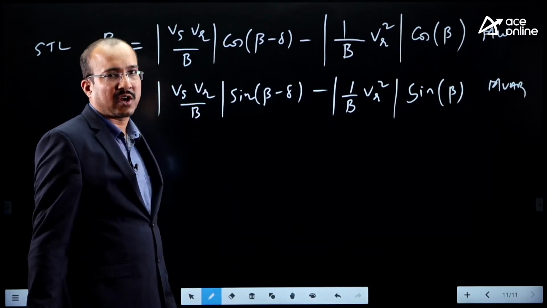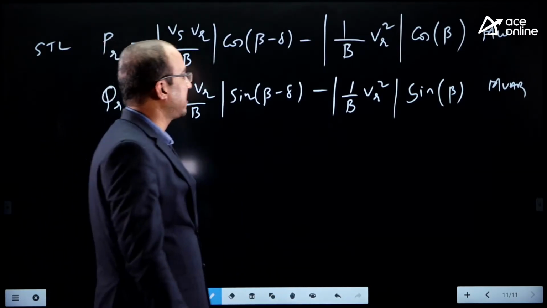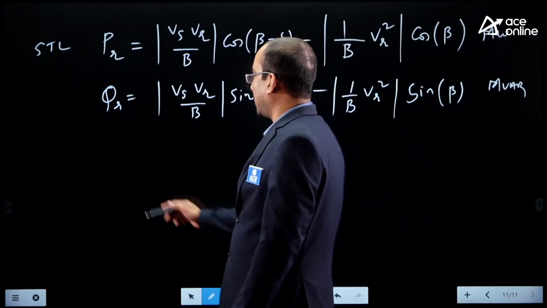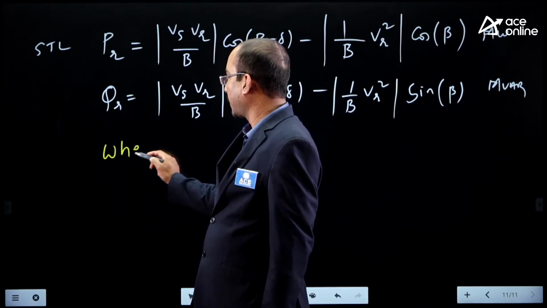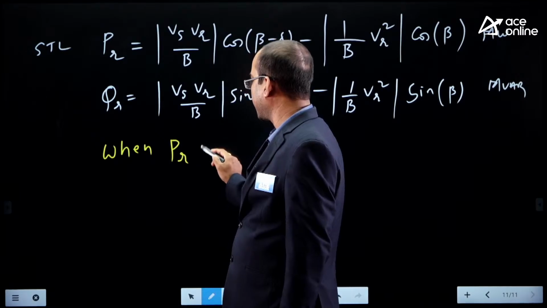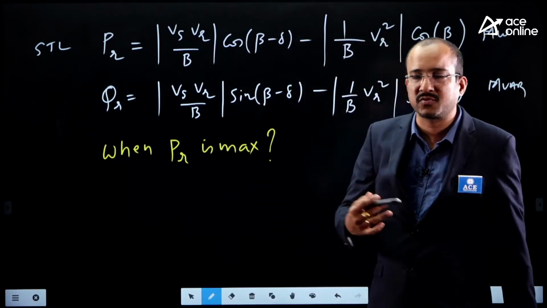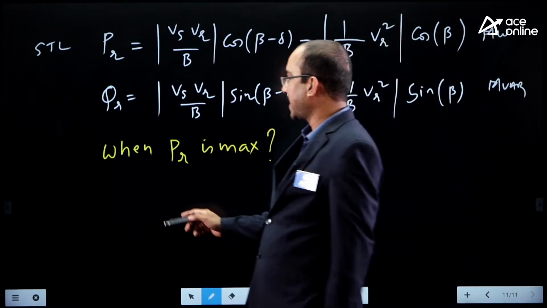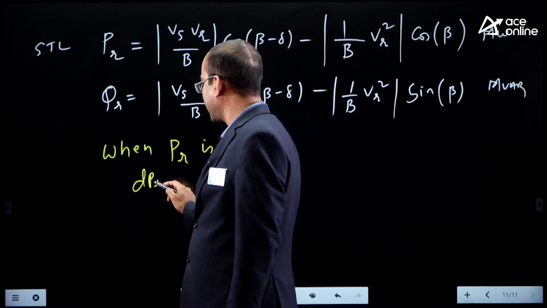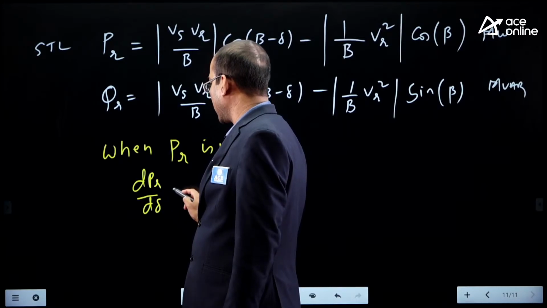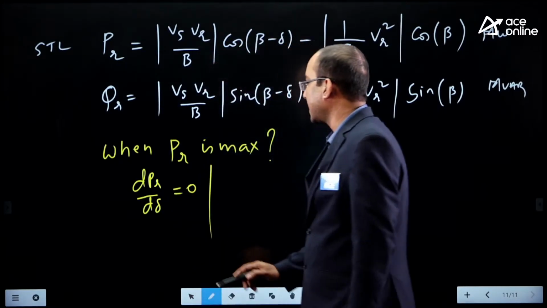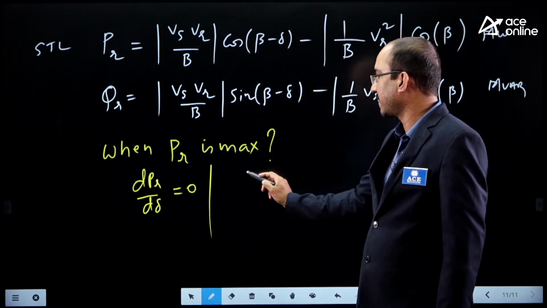Now let us check for a short line when maximum power transfer takes place. So when PR is maximum, that is when real power transfer is going to be maximum, for that dPr by d delta equal to 0. Differentiate the real power transfer with respect to delta and equal to 0.